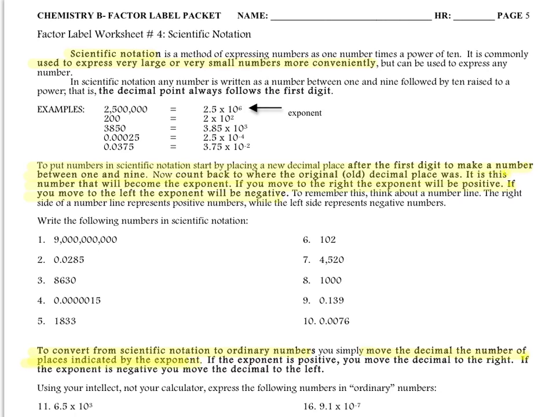When we have really large numbers or really small numbers, it's often inconvenient to write them because there are a lot of zeros involved. So if you look at the examples here, the first three show large numbers, right? Particularly this first one, you've got a whole lot of zeros involved.